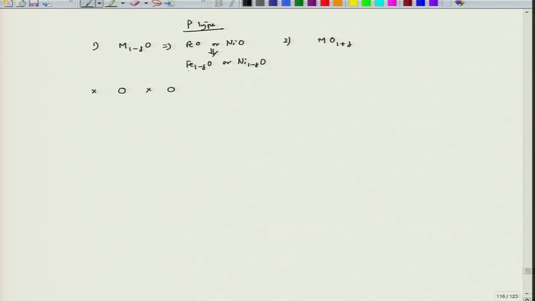So, now we have a deficient metal oxide, with metal cations missing. So, let us put a vacant cation site.